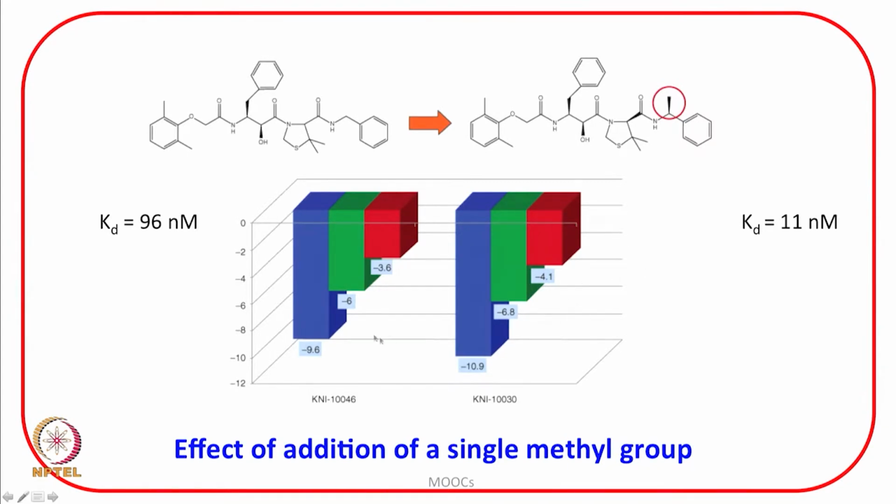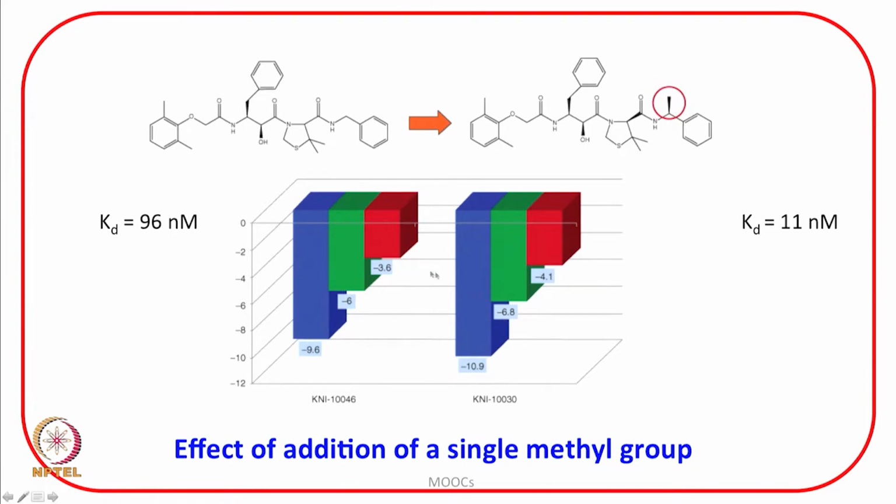But let us examine what has gone here. Although the affinity has gone up by a factor of about 9, delta G naught accordingly has become more negative from minus 9.6 to minus 10.9. And let us take a look at the constituents of this delta G naught. Delta H naught: there is a marginal increase from minus 6 to minus 6.8.